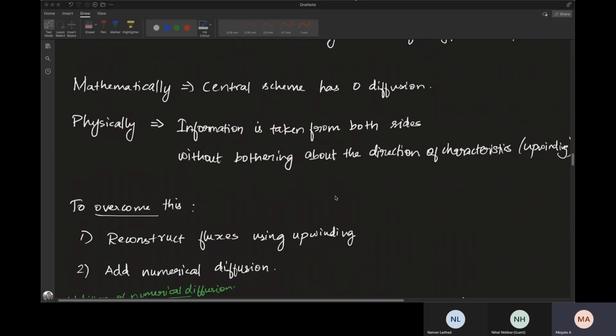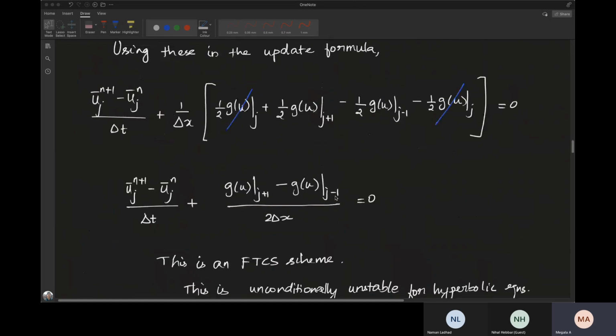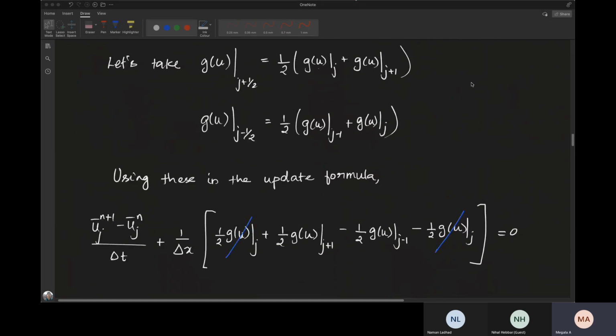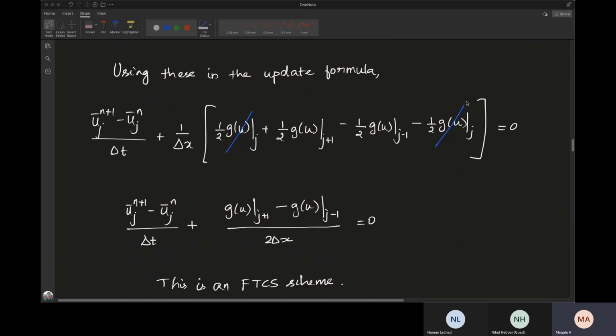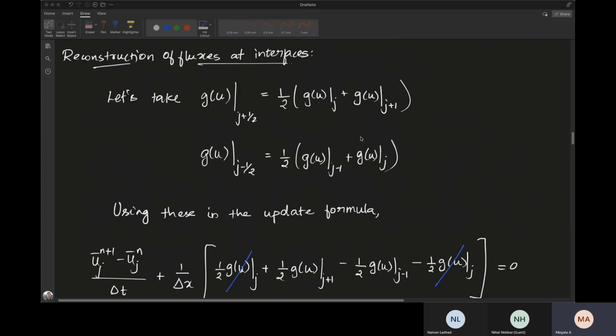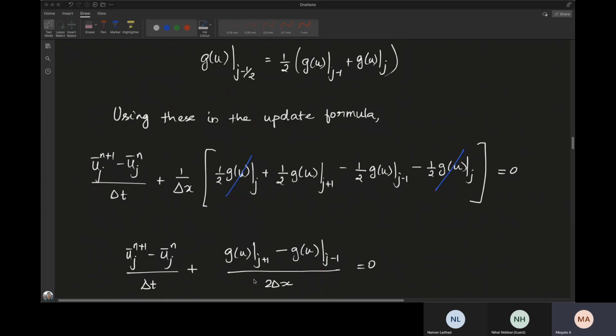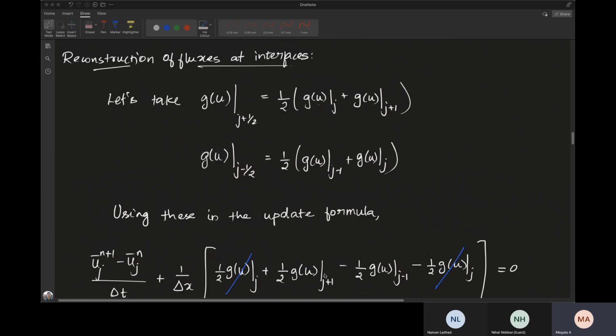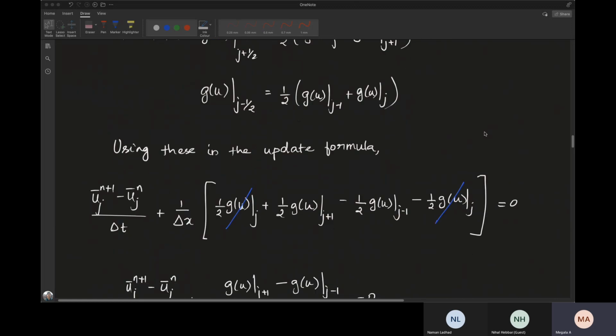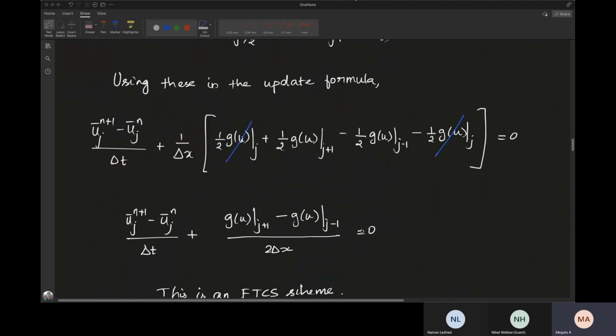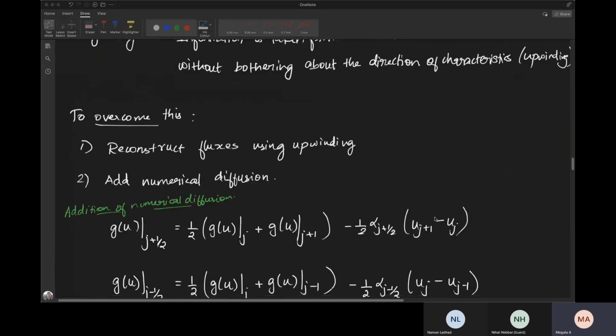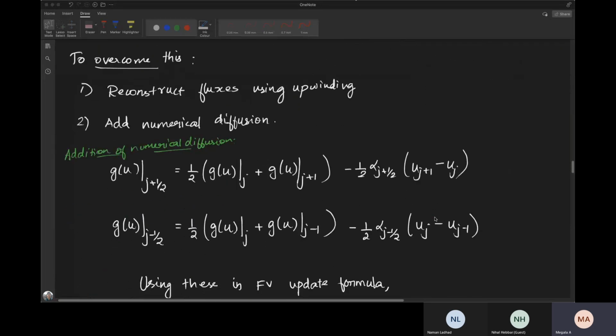So to our already existing central differencing, we can add some numerical diffusion. This kind of expression leads us to some central difference in space. So if we add some quantities such that we get some numerical diffusion term here, then it's fine. So we can go in that direction as well.